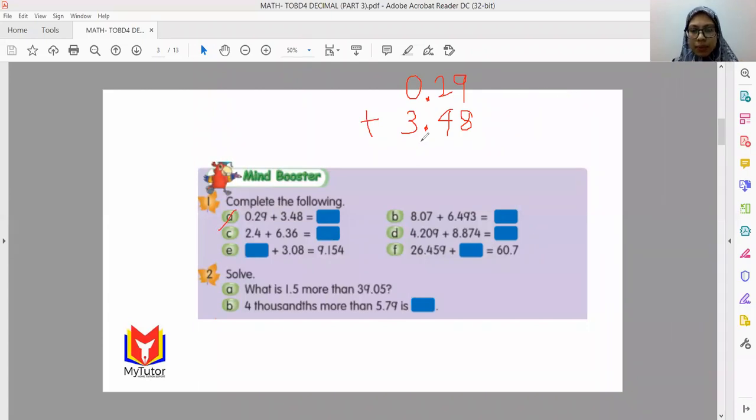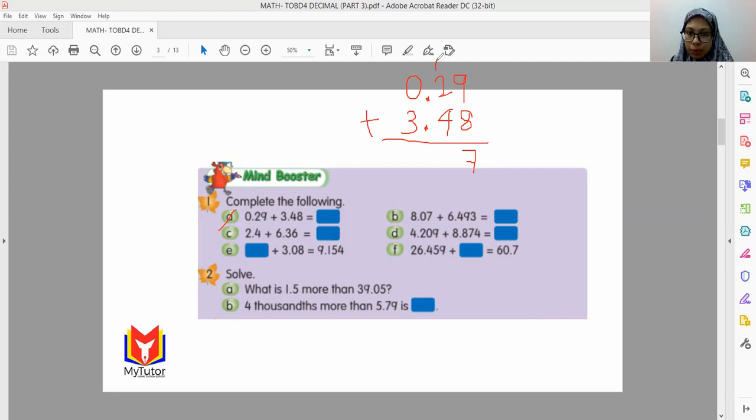Similar to whole numbers, you just add normally, as usual. Putri, can you help me? What is 9 plus 8? 17. Okay, put 7 here, and bring 1 up.